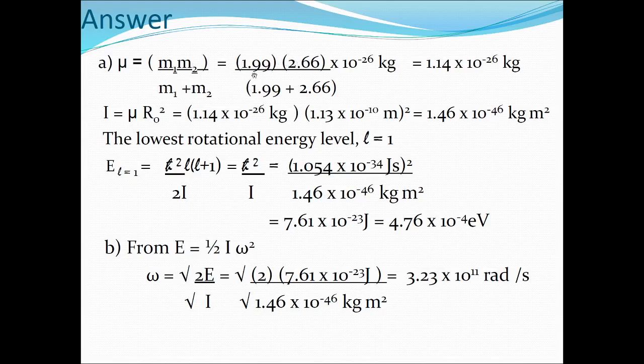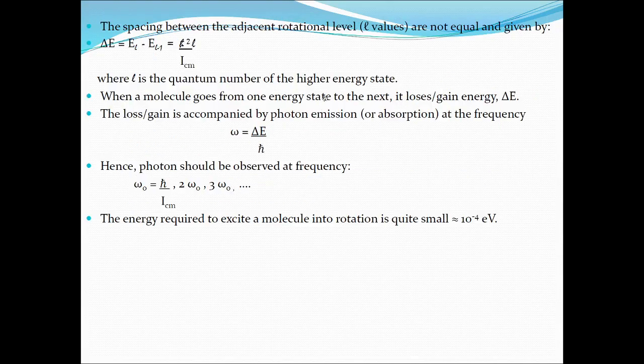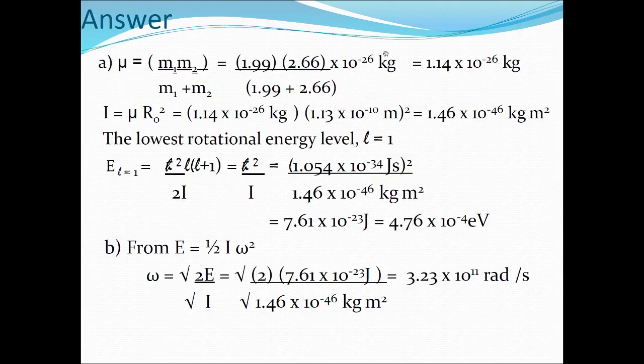So the value is 1.99 times 2.66 divided by the total of the two atoms. So you get the reduced mass is 1.14 times 10 power of negative 26 kilogram.